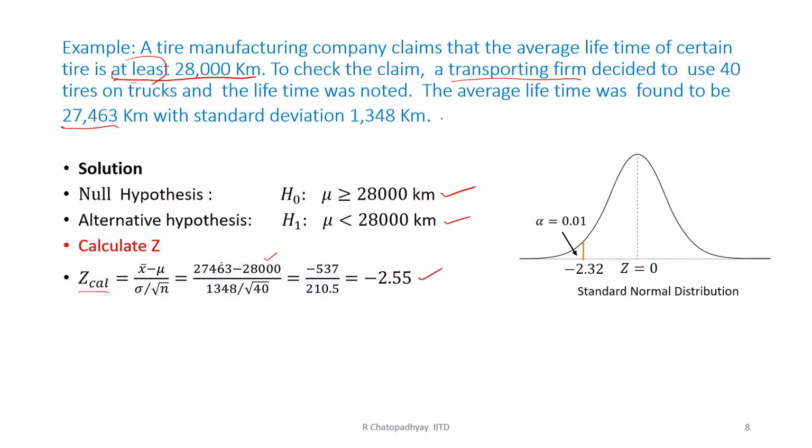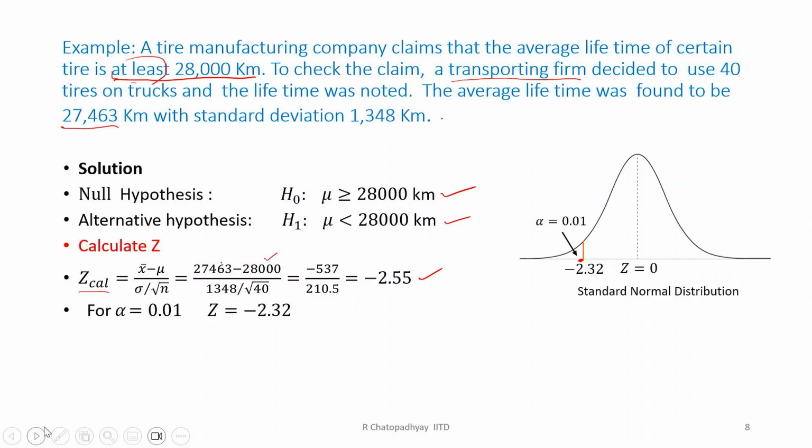For the distribution of sample means, we are always following normal distributions. So this is the distribution of Z, which is also normal, because Z is a normal distribution with mean 0 and standard deviation 1. And here is the value of the Z that we calculate.